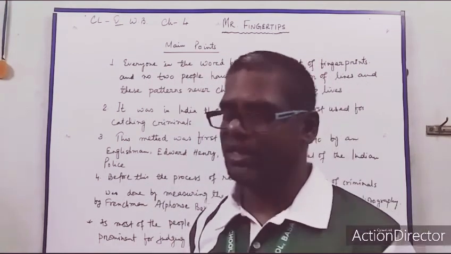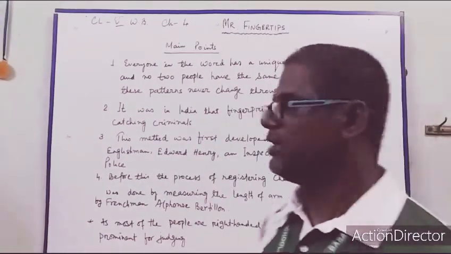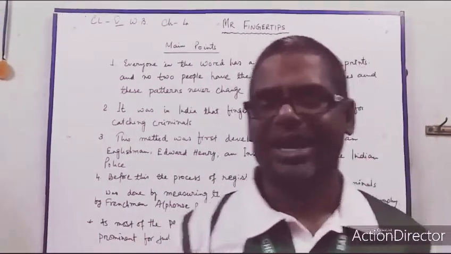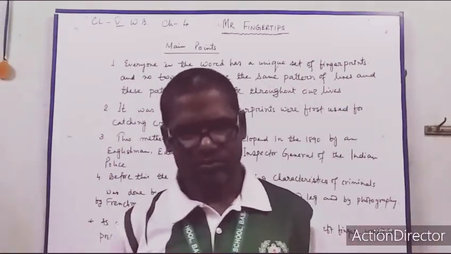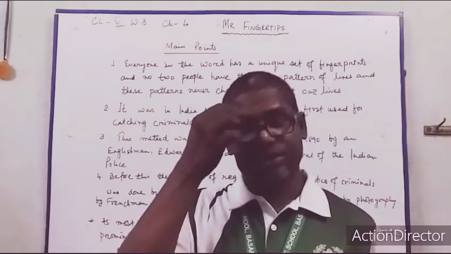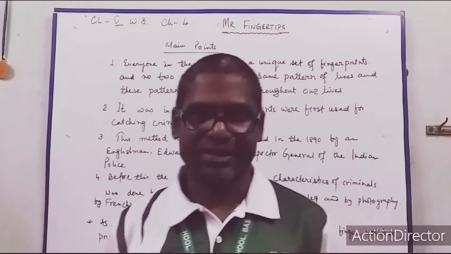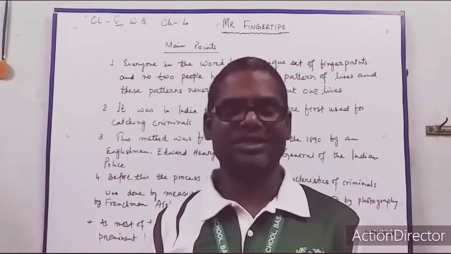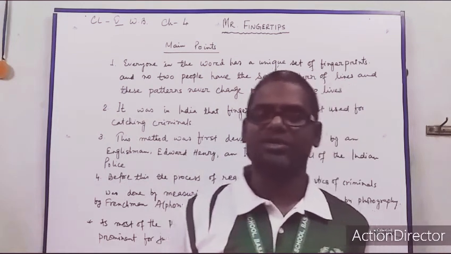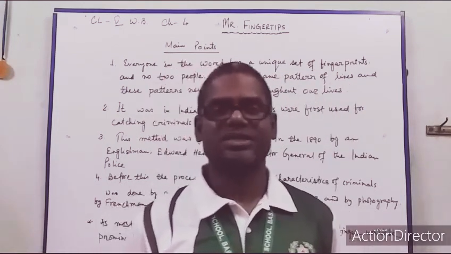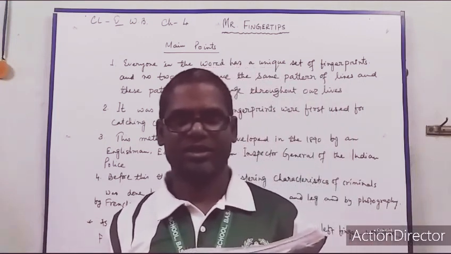Okay. Now coming to the story, these were the main points, and I am going into a little more detail. In the 19th century, Sir Francis Galton discovered that everyone in the world has a unique set of fingerprints. So everyone in the world has a unique set of fingerprints, and this was discovered by Sir Francis Galton. Okay.